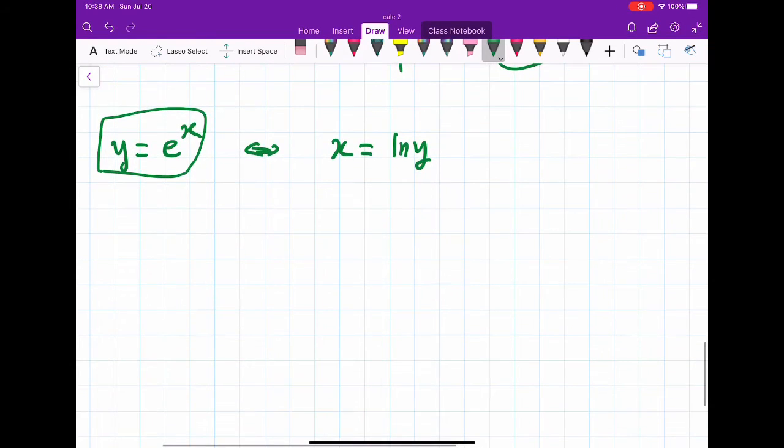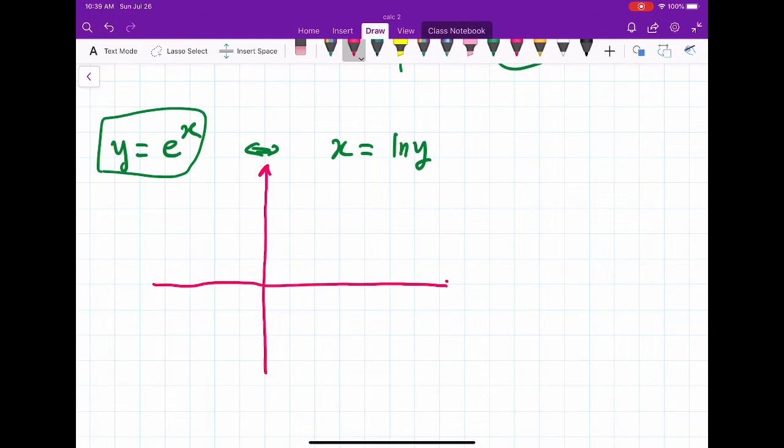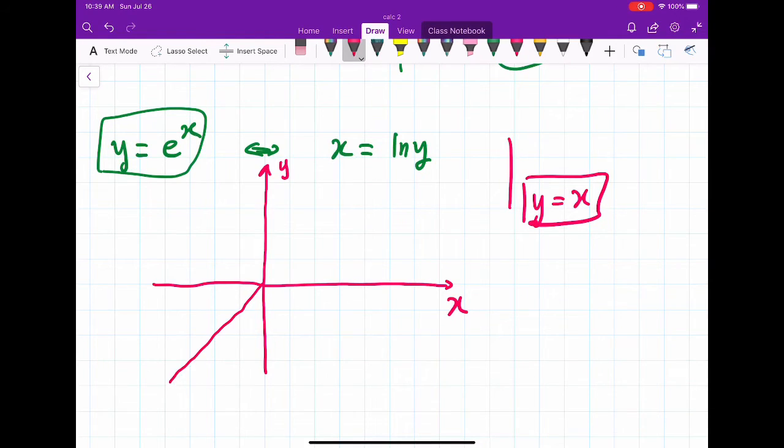So from the previous video, we know the graphs of inverse functions are symmetric with respect to the y-axis. No, not the y-axis, with respect to the line y equal to x. So you have x, y in here. This is y equal to x.